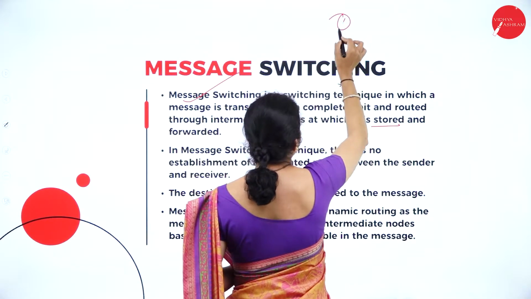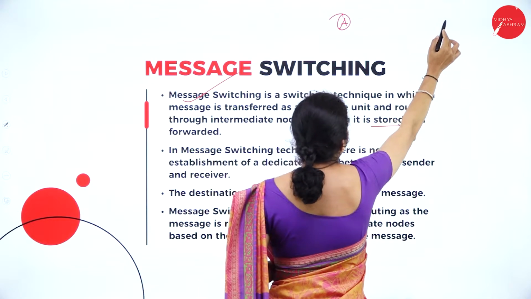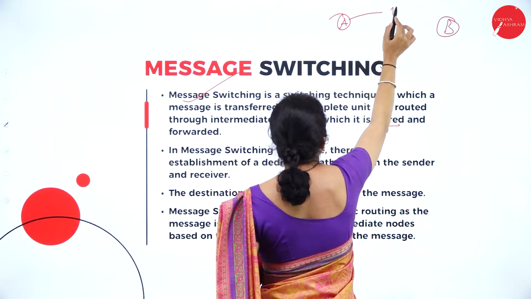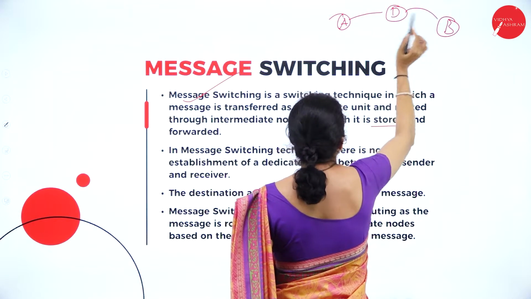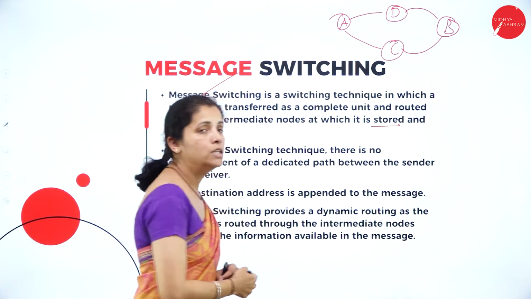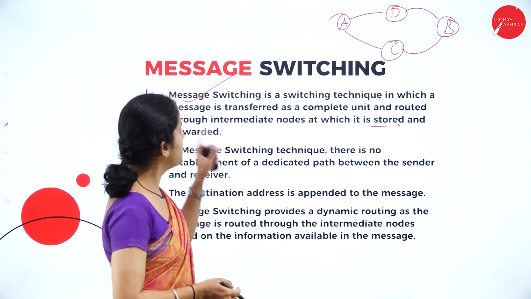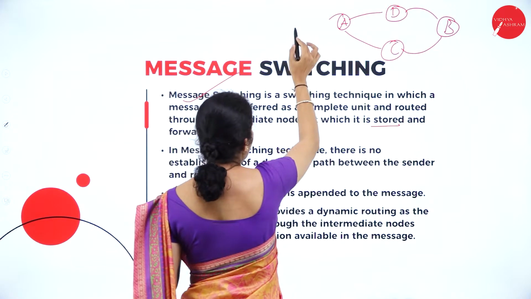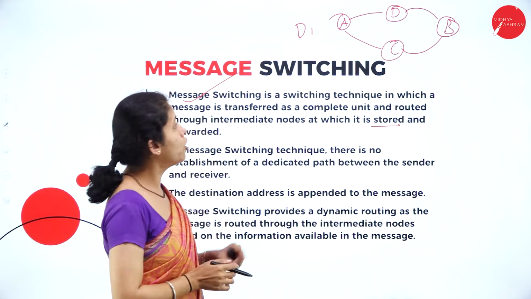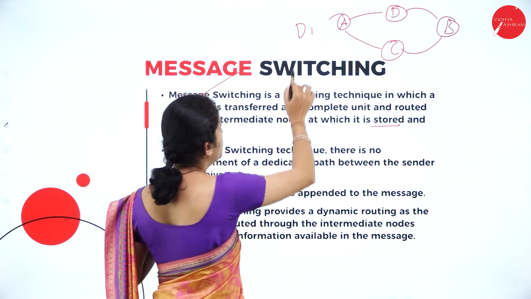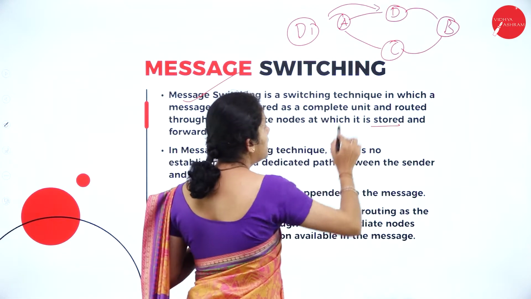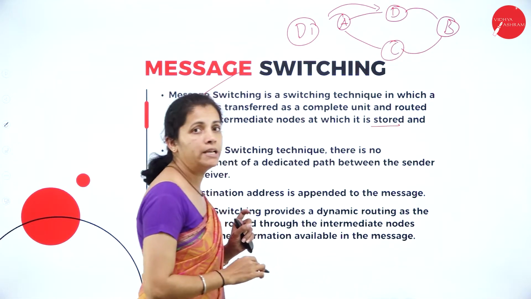So I have sender A, receiver B, and in the middle I have D as a mediator, and C as a mediator. In message switching, think that I have the data or message D1. I'm going to send this D1 to D. Now D is nothing but the intermediate node.